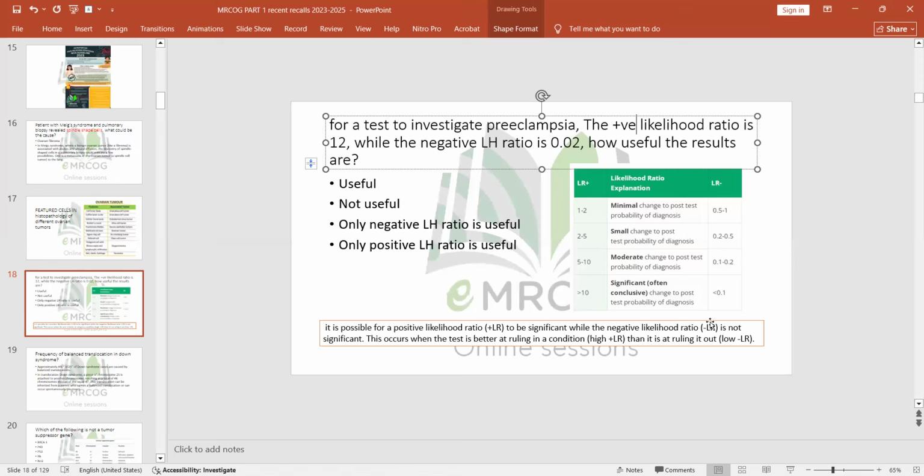For the negative likelihood ratio, vice versa: the smaller, the more significant. So less than 0.1 is good. More than this and approaching 1 is bad.